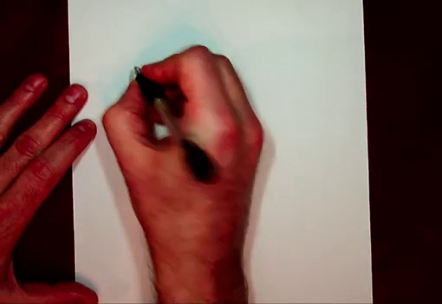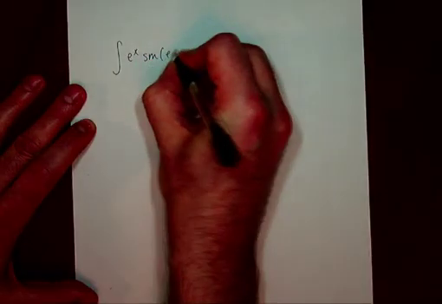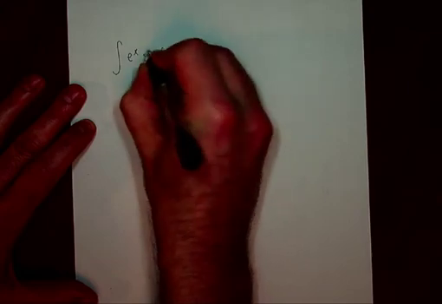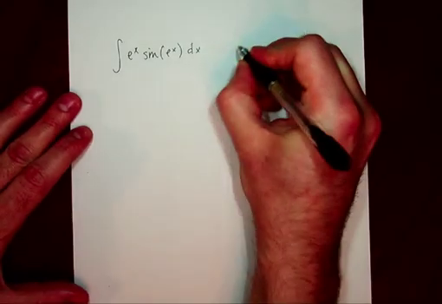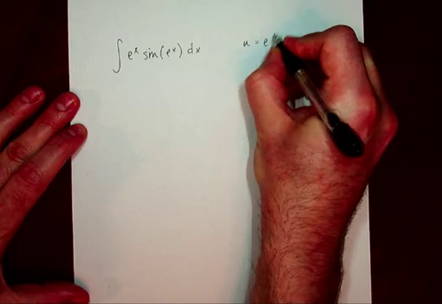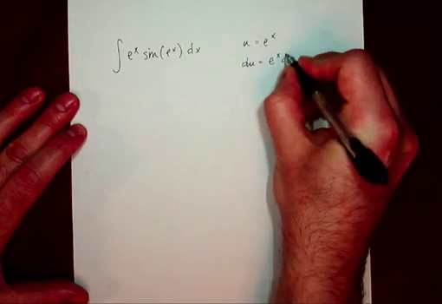Alrighty, let's do one more. And this one actually should be relatively easy for us. All right. Like I said, oftentimes it will be the angle measurement expression of a trig function that's our u. So u here is e to the x, du is e to the x dx.